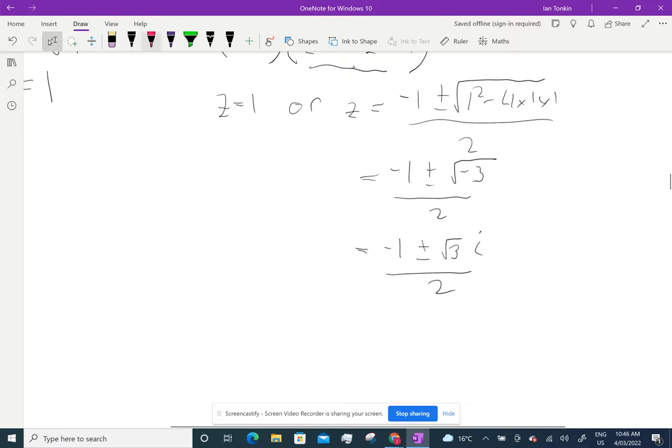And note, and this is going to come up later, that these are complex conjugates.